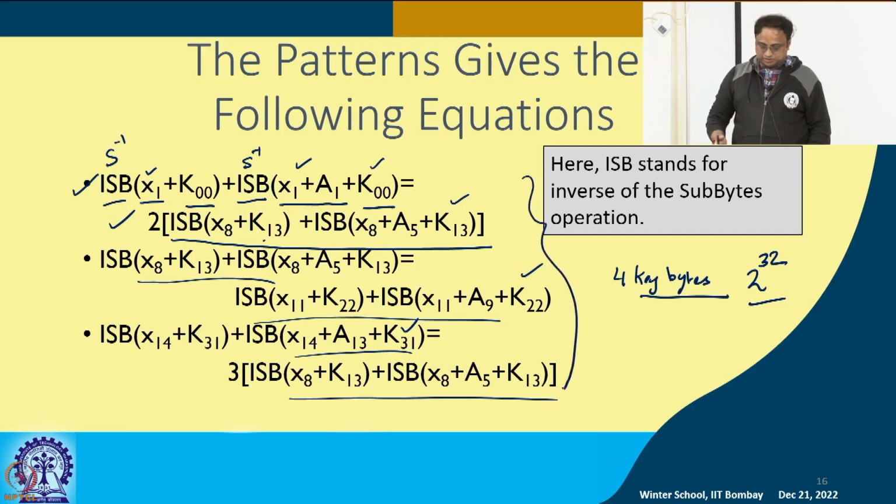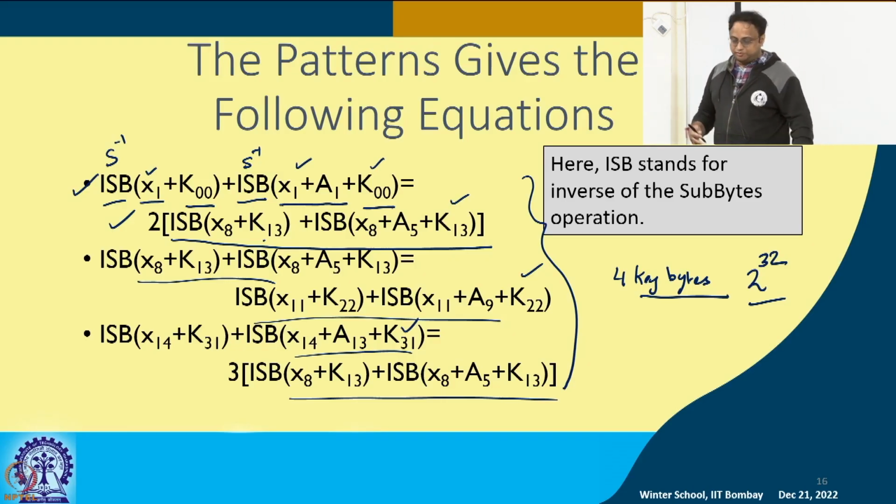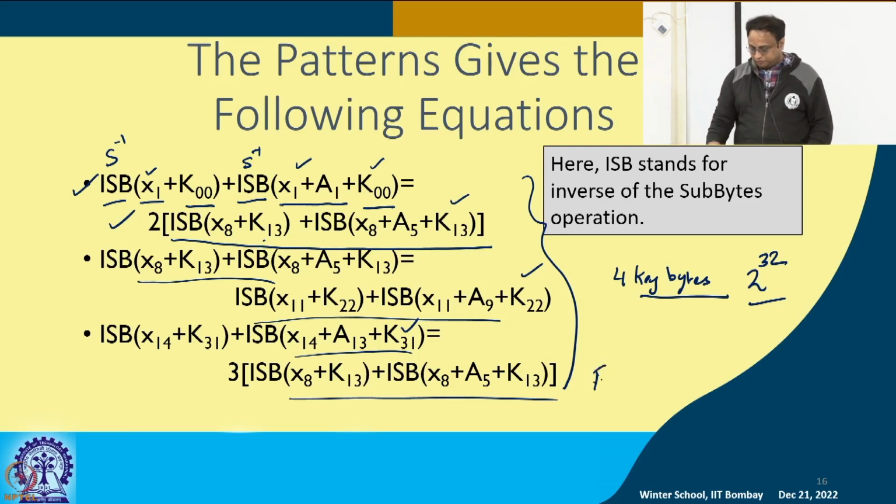Because in this equation system, everything is known to you except the keys. You know x1, you know a1, you know a5, you know all the other parameters. What you just don't know is the key. So some of them will satisfy and some of them will not satisfy. So this will work as a filter, because it will filter out the wrong keys.